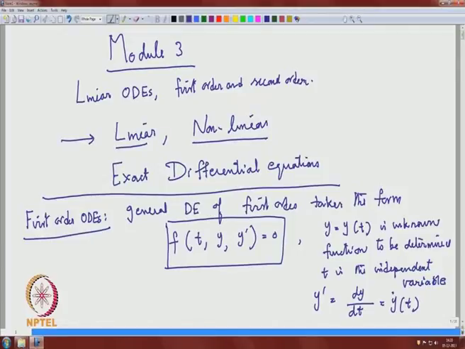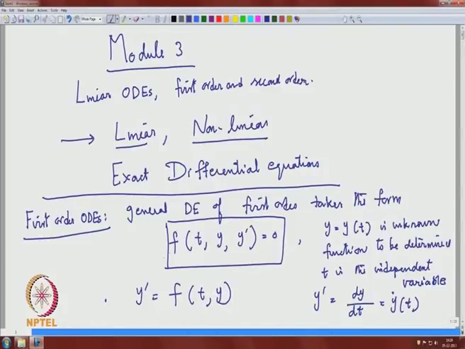As remarked in the introduction, this itself probably has difficulties in dealing with. What we will be seeing in most of our discussion is a special type, where y prime is equal to some f of t, y.